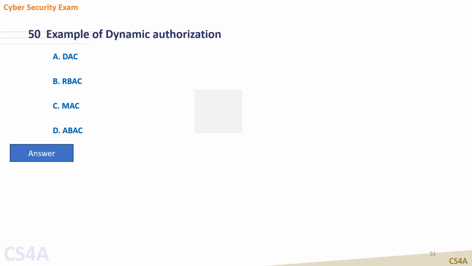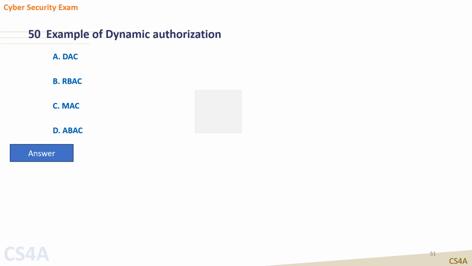So here the question is, example of dynamic authorization. What is dynamic authorization? Dynamic authorization involves evaluating the criteria for allow or deny based on dynamic factors like location, time, and attributes of that entity. So that evaluation may differ based on these conditions. It won't be the same, but in static authorization, the evaluation will be the same under any circumstances. If it allows the first time, it will allow all the time.